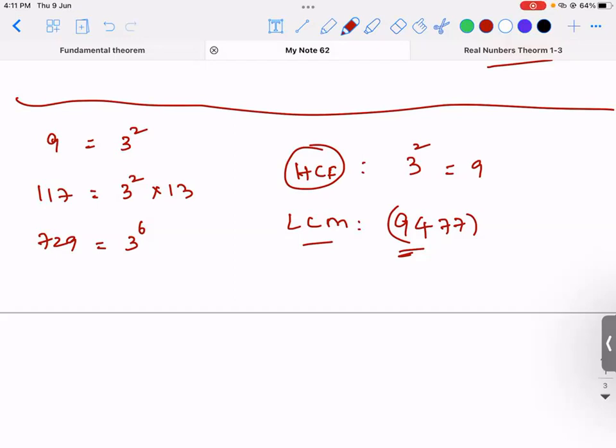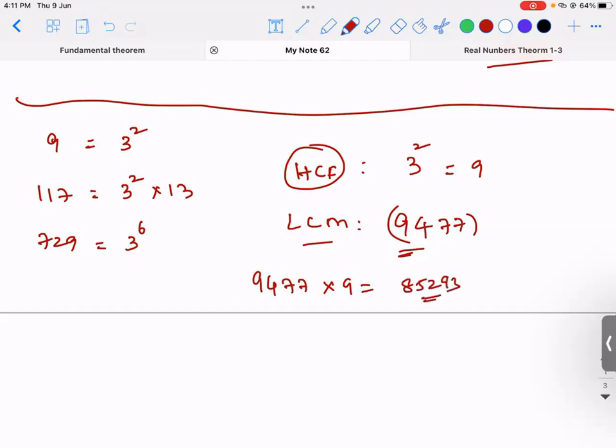So 9477 into 9, how much are you getting? 85293. Is this what everyone is getting?